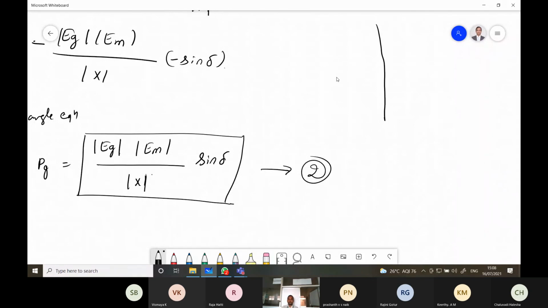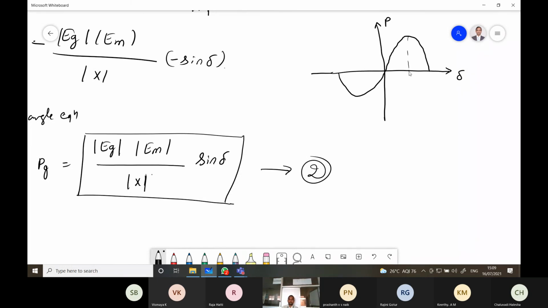In that power angle curve, the x-axis is delta and the y-axis is power. So we got the sine wave.